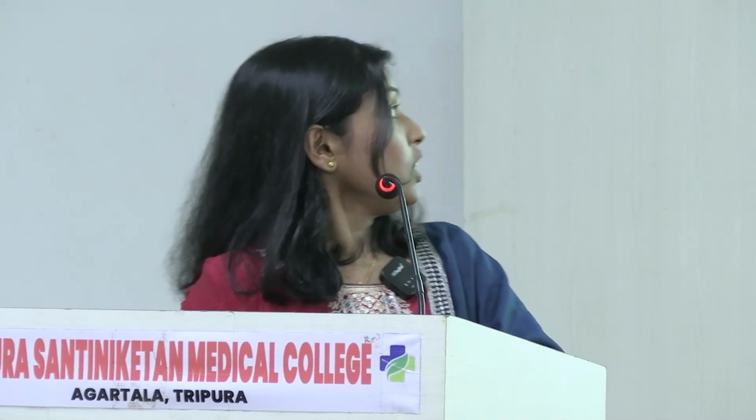National Population Policy. Universal immunization, which I have already explained, also comes under this policy. Institutional deliveries, safe deliveries for mothers, so the mortality rate will decrease. Then empowering women.